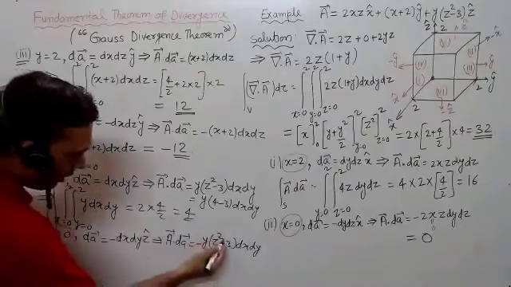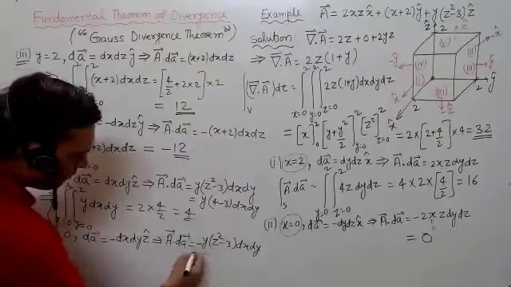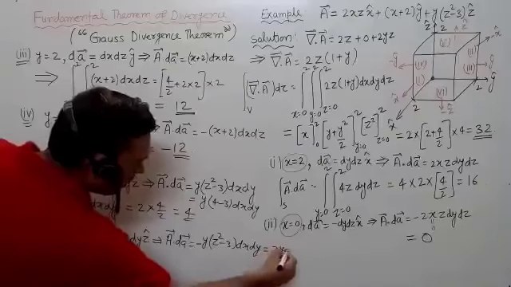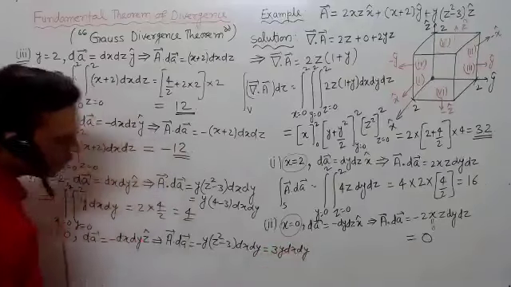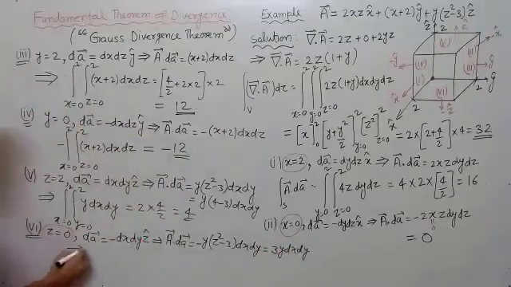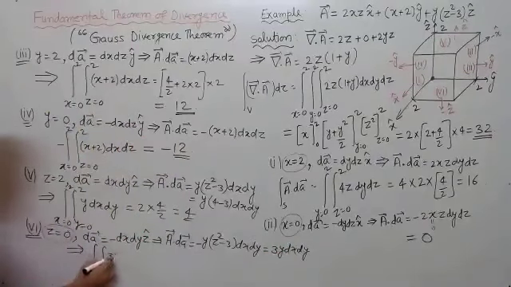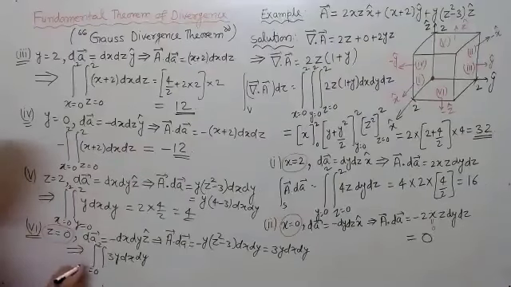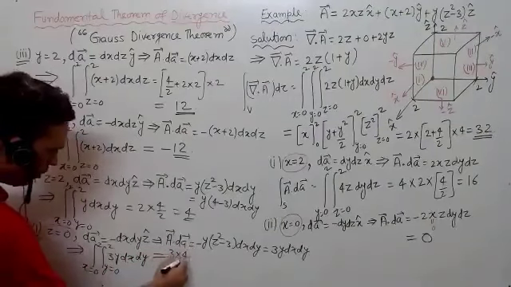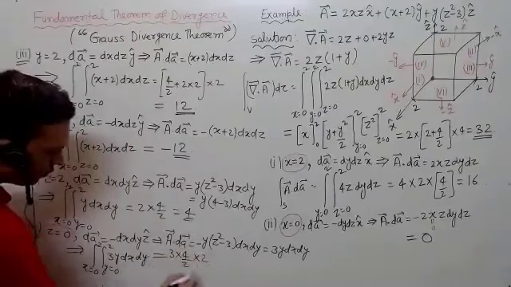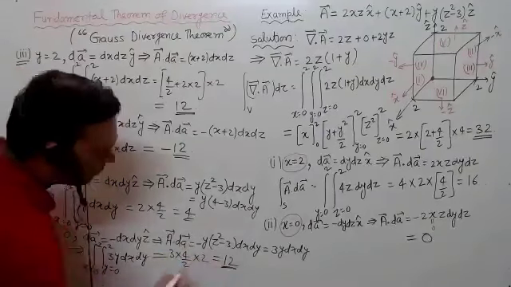So this will be 3y dx dy. So the integral value will be 3y dx dy, with y from 0 to 2 and x from 0 to 2. So what will be this value? 3 into 4 by 2 into 2. So that is again 12.